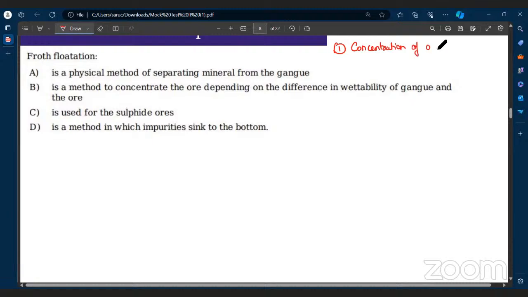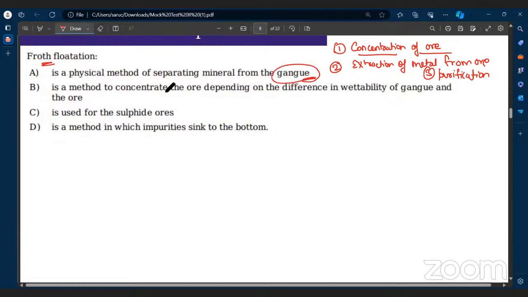Now talking about froth flotation, it is one of the methods of concentrating the ore. It is the method of separating mineral from the gangue. So this gangue particle is nothing but the impurity. So in concentration, you are just separating the impurity and the mineral or ore separately. So this is the right option.